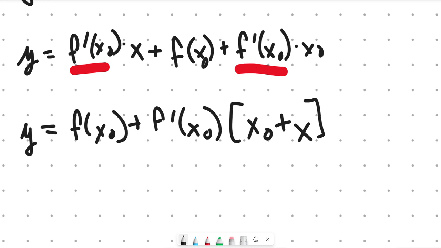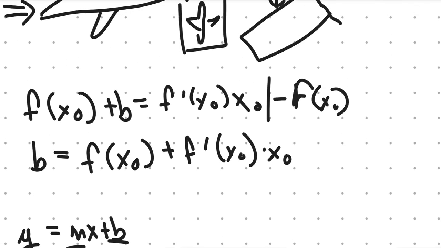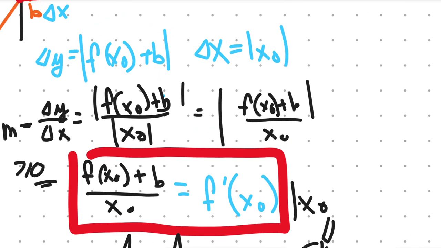Well, for negative values of x naught, we can have a minus. So in the book it says x minus x naught. I'm sorry, not x naught minus x, but x minus x naught. Now you factored out this one and this one, so this one should be somehow negative. The negative comes from the fact that we accidentally did the absolute value on the top.